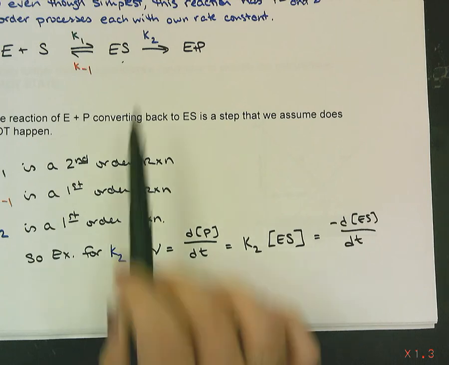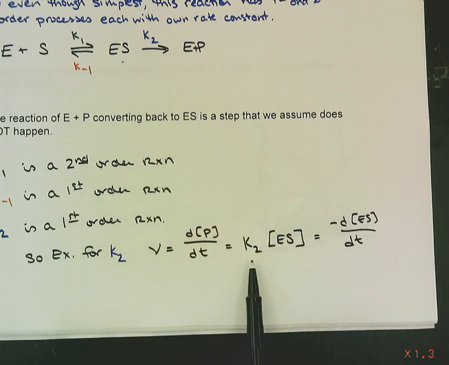So the reaction velocity for this step is the rate constant K2 times the concentration of enzyme substrate at any given time, which is an experimentally tricky thing to measure, right? Because you're trying to measure a concentration of a transition state, which doesn't exist for very long.